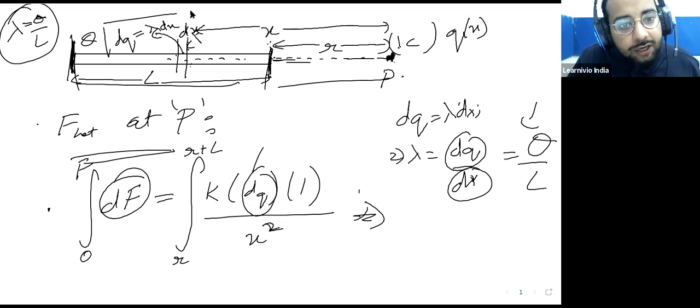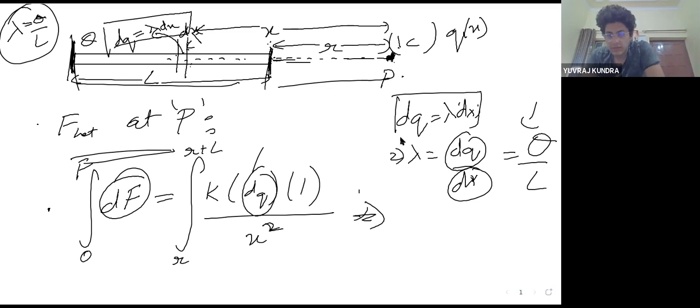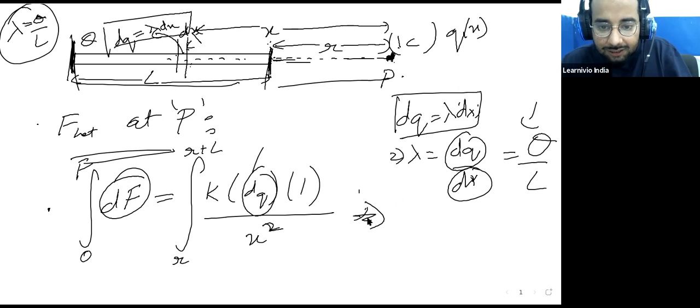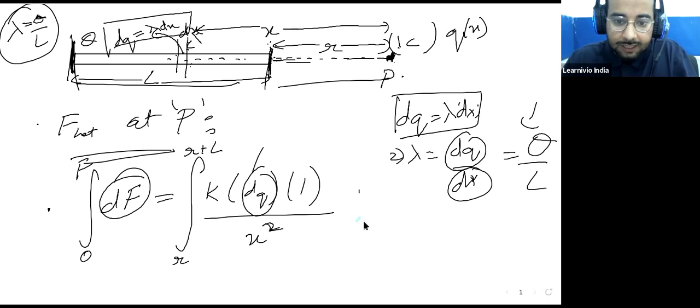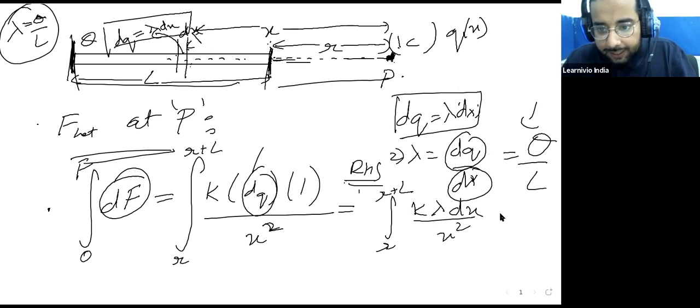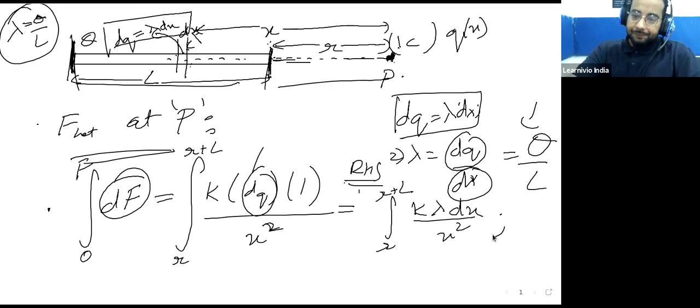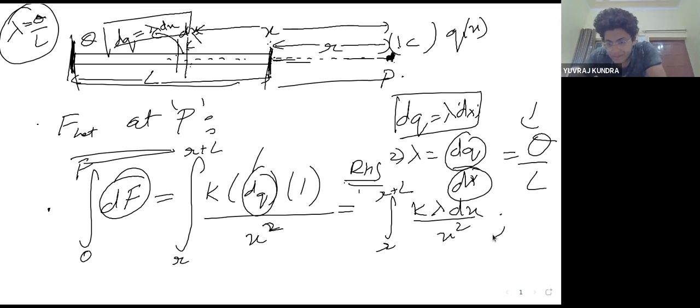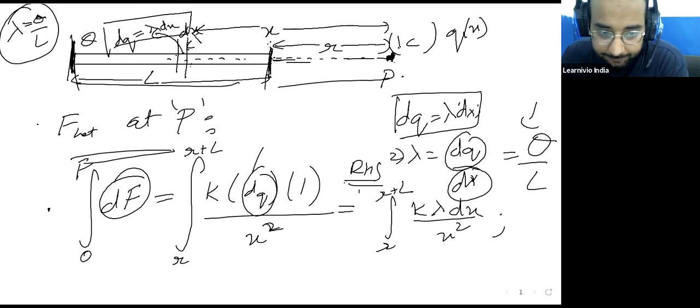Well, we've already figured out how to do that, right? Lambda dx. So let's just substitute this here. So this right hand side becomes an integral from r to r plus L of k lambda dx over x squared. Make sense?